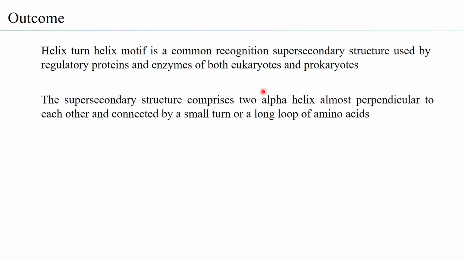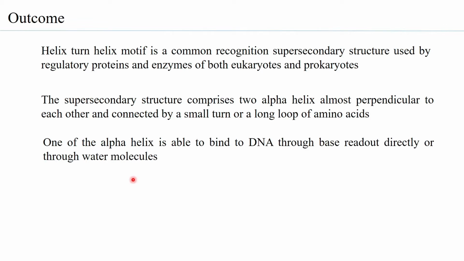The supersecondary structure comprises two alpha helices. So we are now looking at the helix turn helix motif. It comprises two alpha helices almost perpendicular to each other, and this is not generally a rule. In many cases it is completely perpendicular, in many cases it need not be perpendicular, but mostly they are almost perpendicular. And these two alpha helices are connected by a very small turn, or it could be a long loop of amino acids.